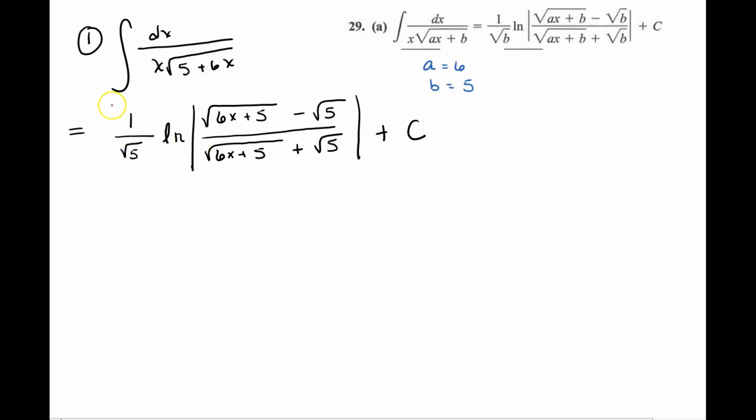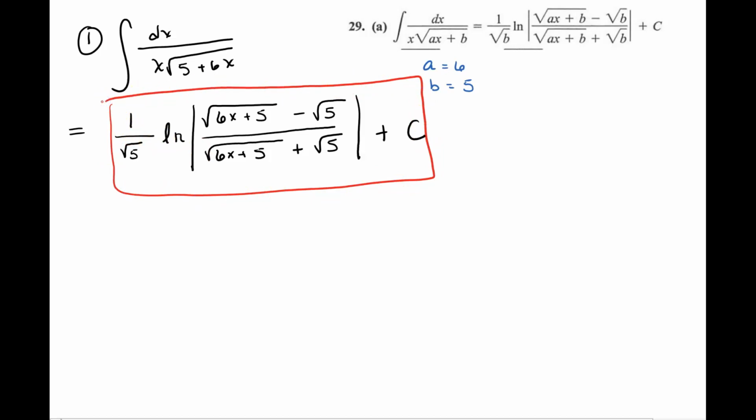So there's really nothing to it in this case. We've managed to figure this out. Just follow the formula. So let's go ahead and take a look at another example.